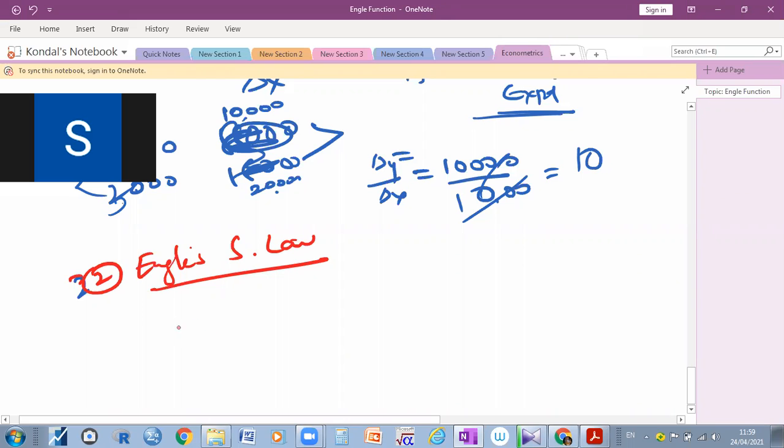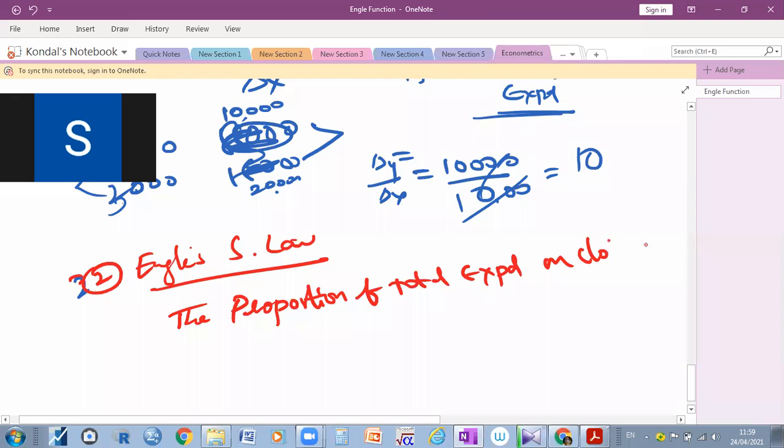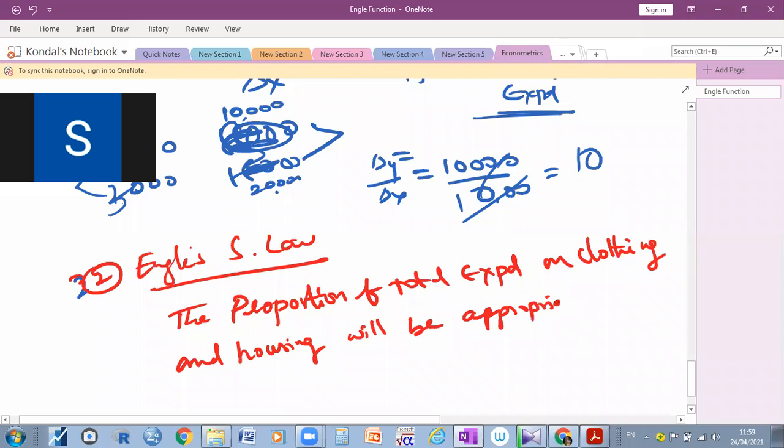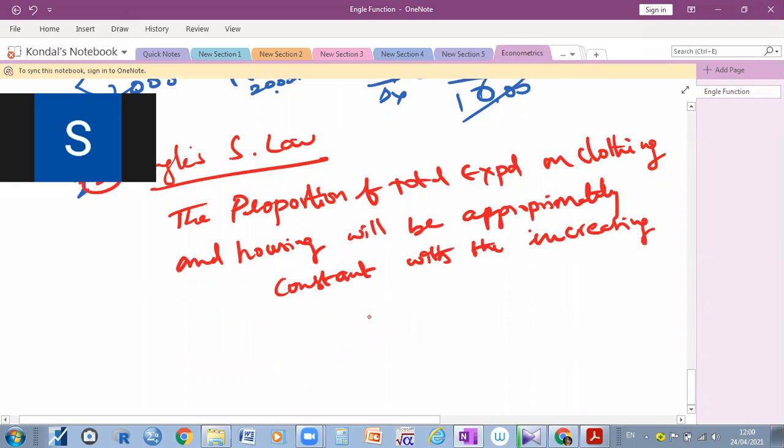As per the second law, the proportion of total expenditure on clothing and housing will be approximately constant with increasing total expenditure.